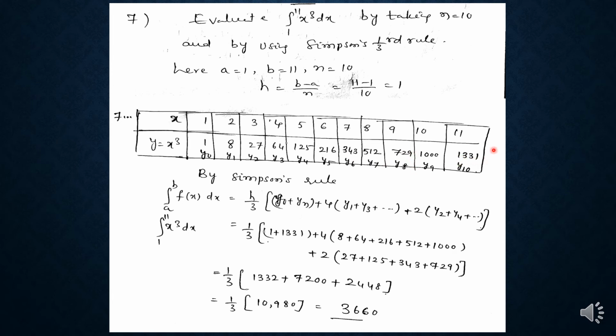Here y10 is also an even ordinate, but we added it in the first term as the last ordinate. So we should not repeat the same value here.